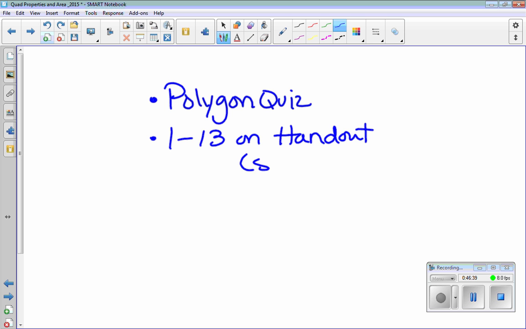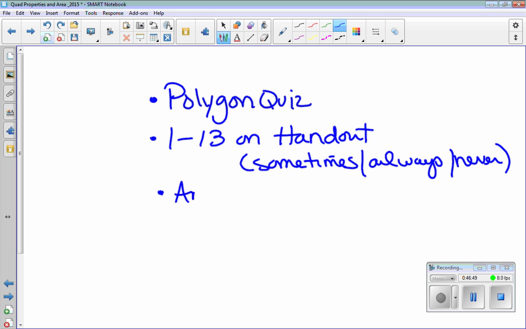I'll say the sometimes, always, never stuff. And what I just gave you on area of polygons, or area of quads, I guess specifically. But if you look at that area of quad sheet, the last 3 problems are not quads, are they? The last 3 problems are polygons. So it's a good review for you for your quiz. Fair enough?